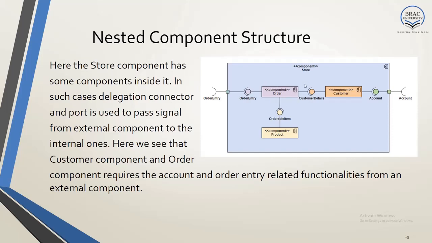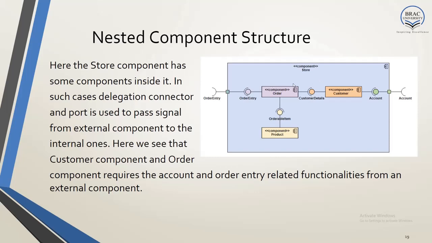Again, it also requires the customer detail from the customer component, which when the order component places an order, it obviously needs the customer details in order to bind that order to that customer. And this customer component, in order to provide that customer details to order component, it also requires the account related information from some external component, which is required by the store component as a whole.